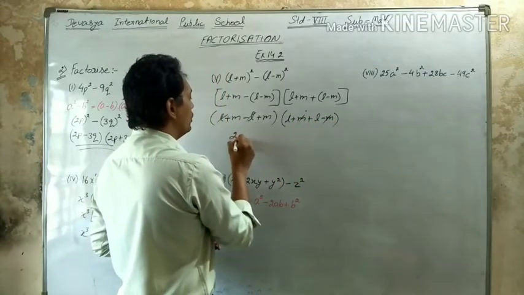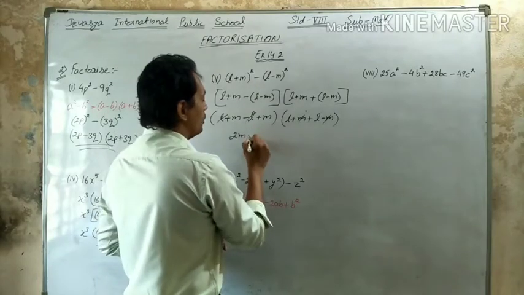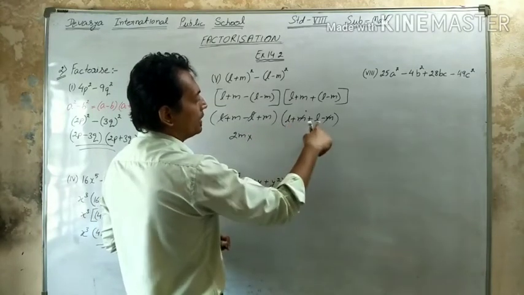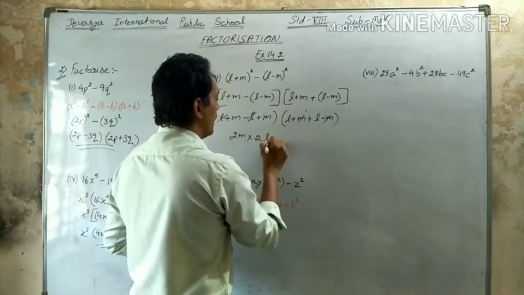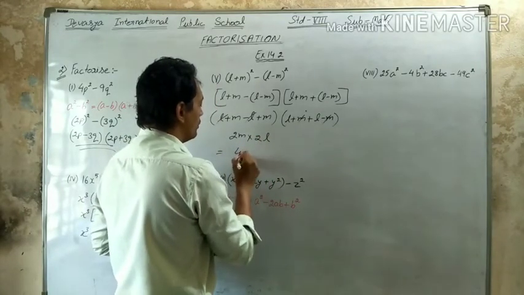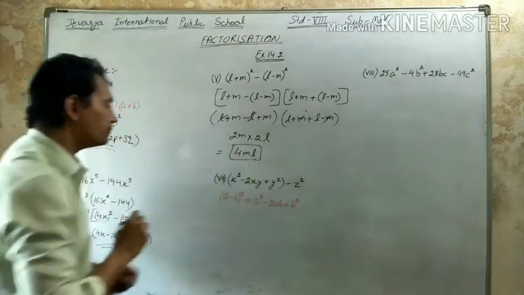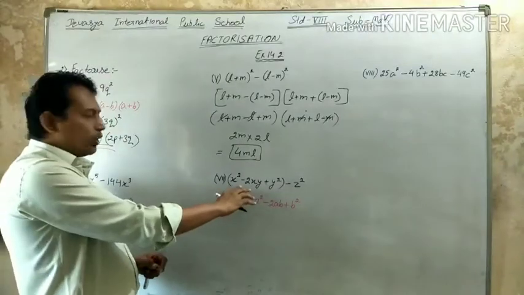So we have 2m, m plus m is 2m, into we have l plus l, that is 2l. So the final answer is 2 into 2, 4, m, l. This is your answer.